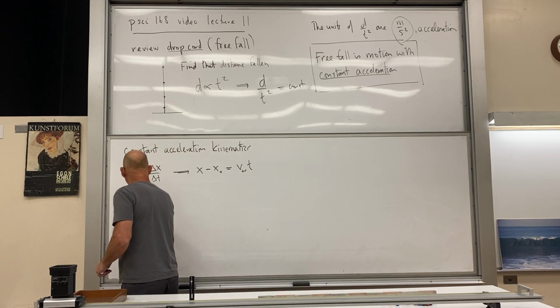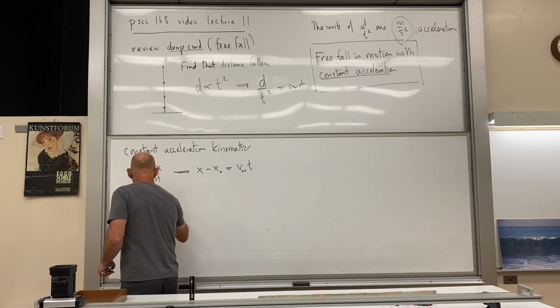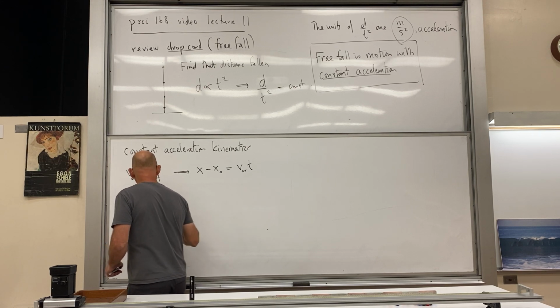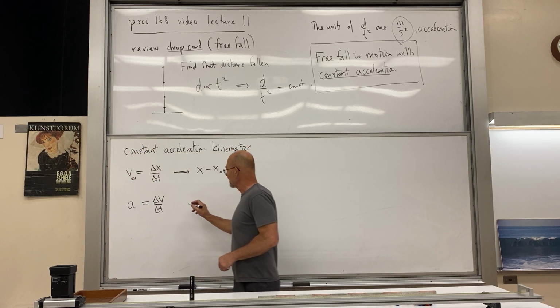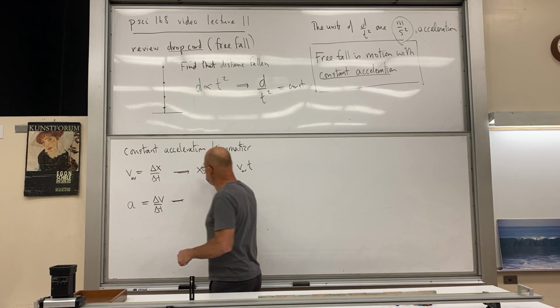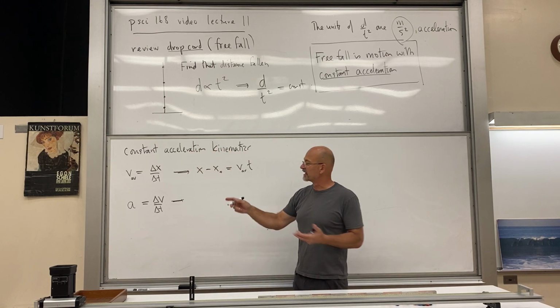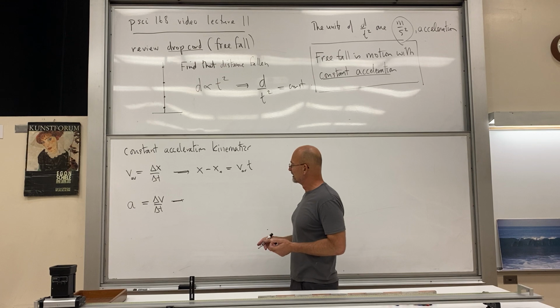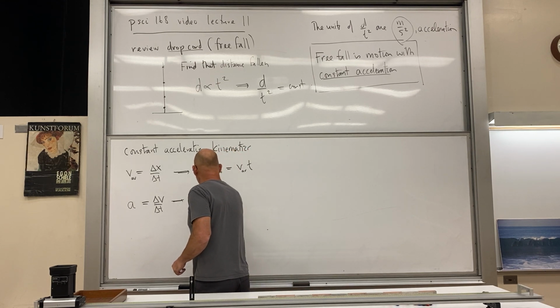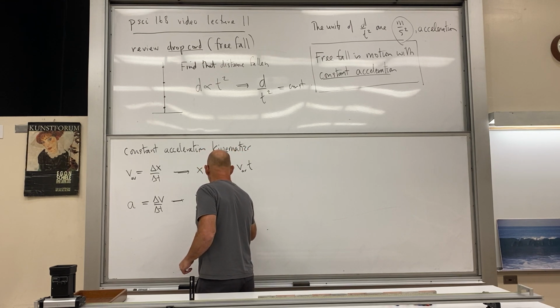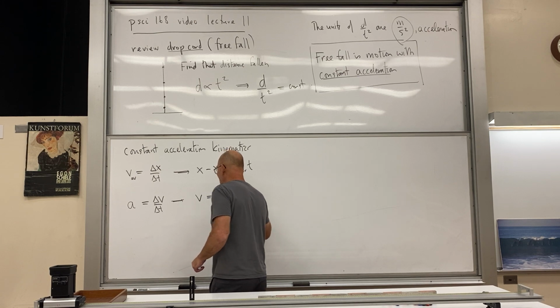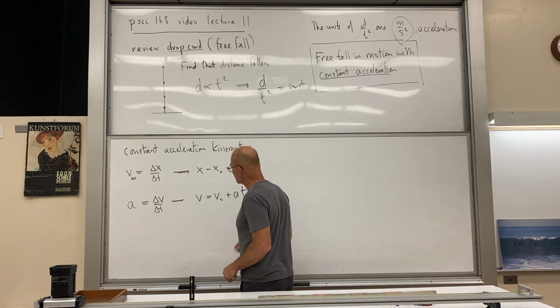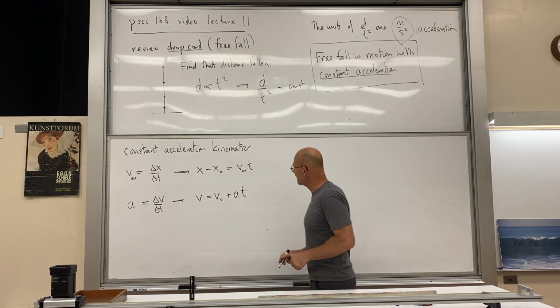Then we have acceleration equals delta V divided by delta t. And this translates to, when I say it translates, I'm just cross multiplying and simplifying the formula, V equals V0 plus a times t. So I'm just replacing the delta t with t.